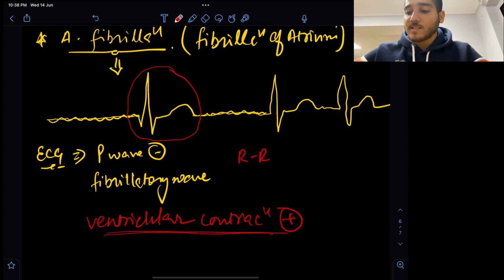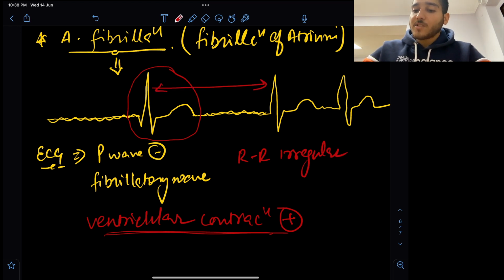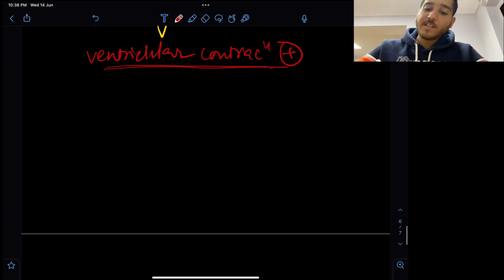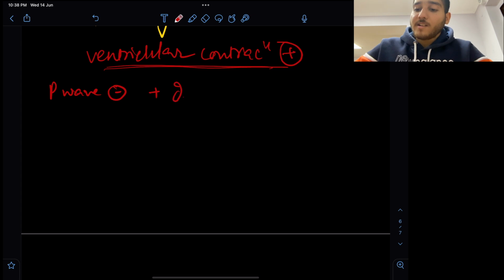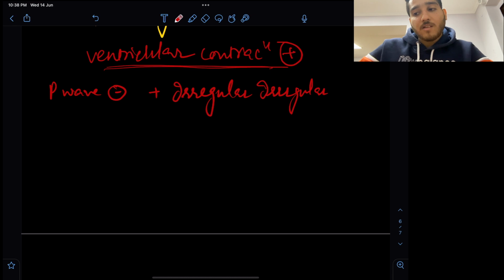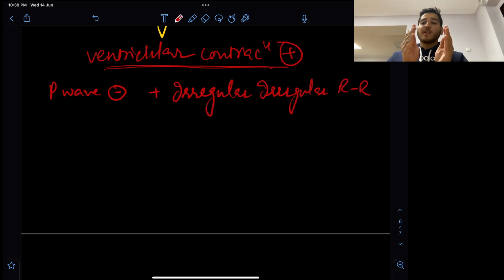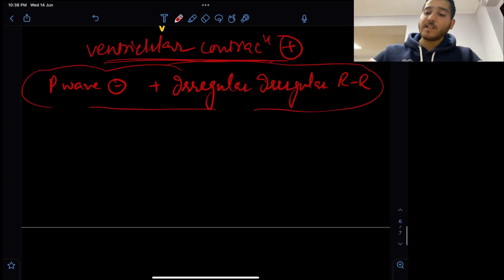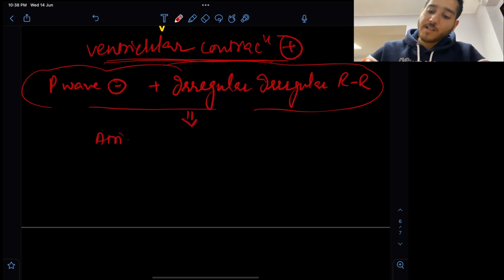And the RR intervals are irregular, like this, so all RR intervals will be different. They are irregularly irregular, so the R wave can come at any place. If you find absent P wave plus irregularly irregular RR intervals, this is the diagnosis of atrial fibrillation.